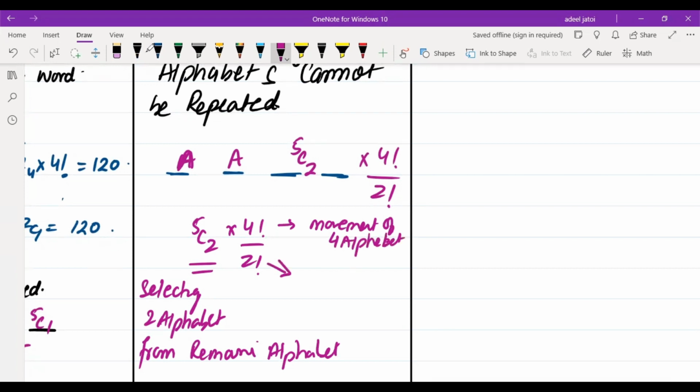This 2 factorial is for removing the same code because of the 2 A's. So 5C2 into 4 factorial upon 2 factorial.